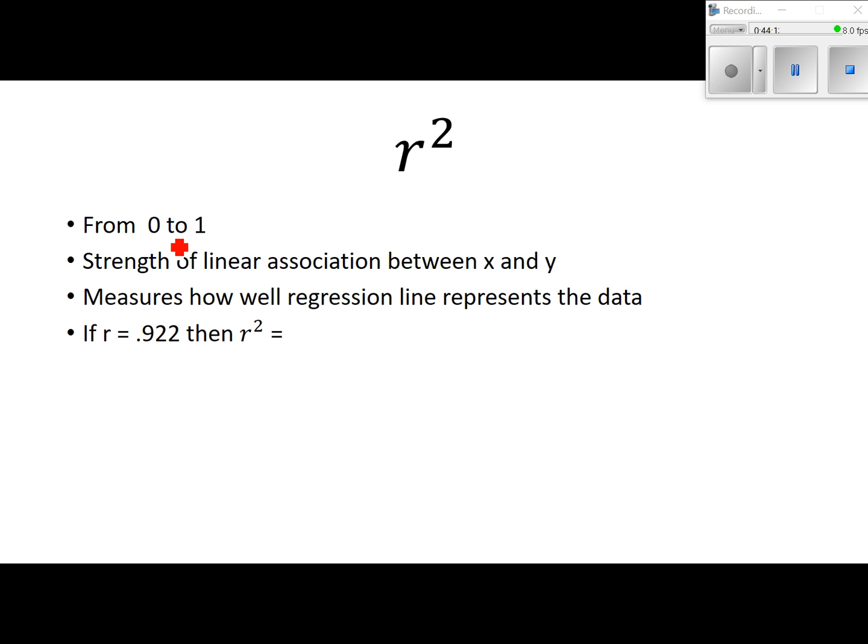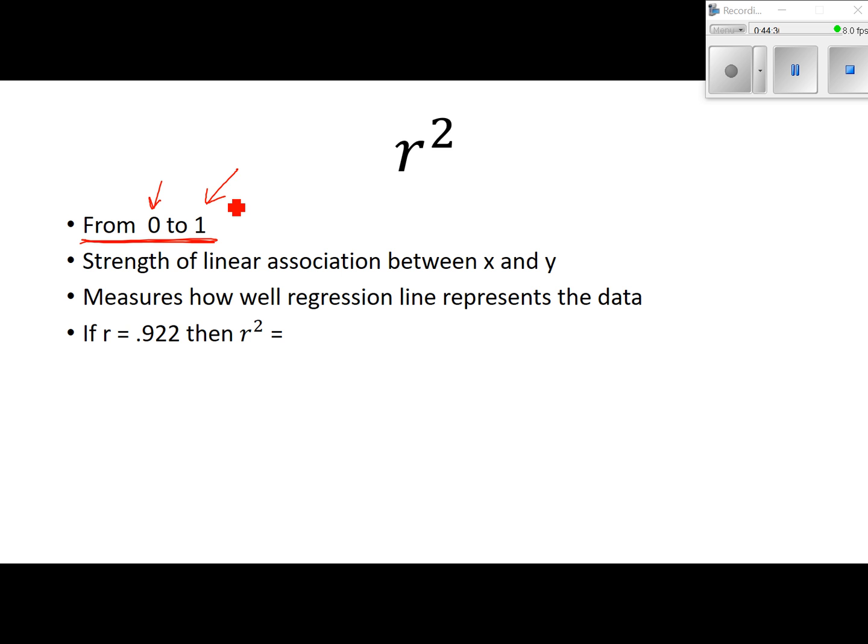Again, just to go back over some of this, I know some of this is sort of difficult. R squared is always going to go from 0 to 1. Close to 0 means that you can't really use it to predict using your line of best fit or your line of regression.